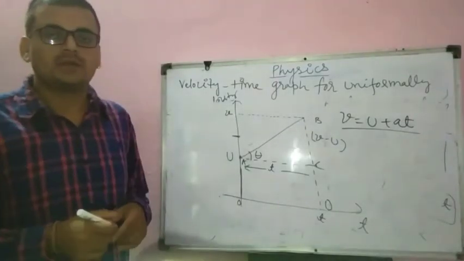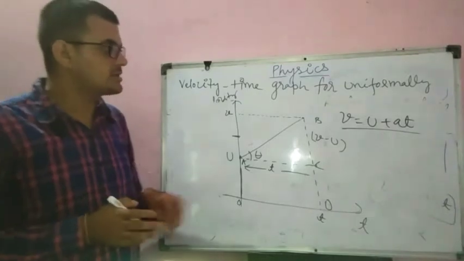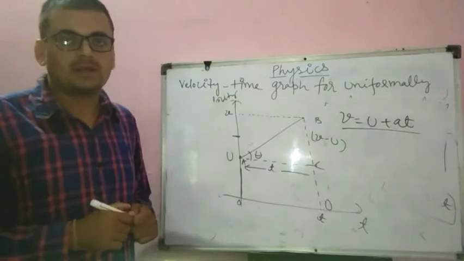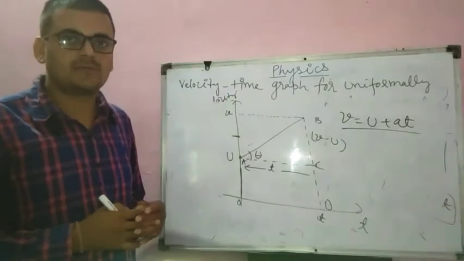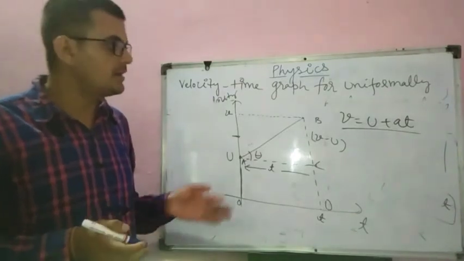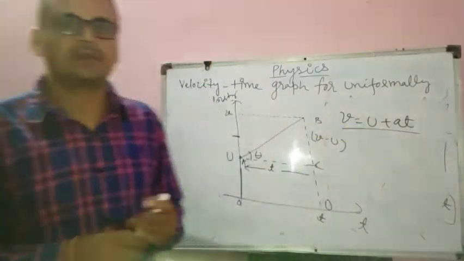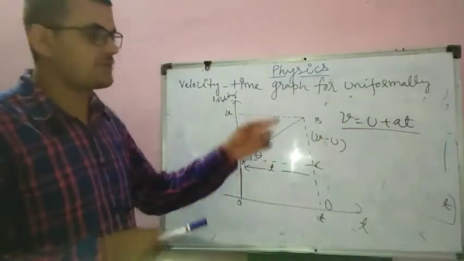Hello students. In the last video we discussed the velocity attained by a particle in t seconds. What is the formula of the velocity attained by the particle in t seconds? This is v equals u plus at, and this is also the first equation of motion.